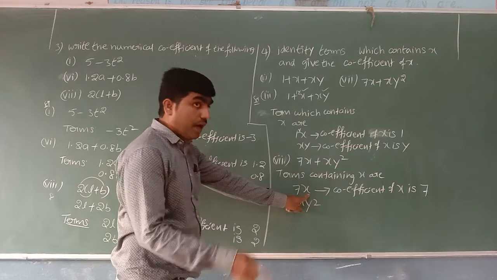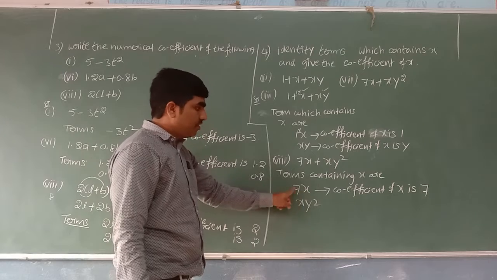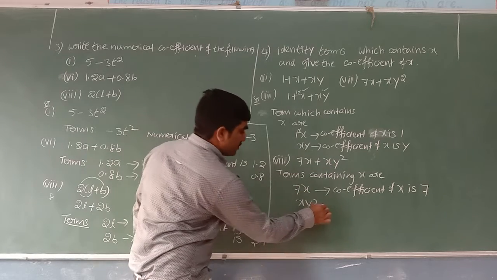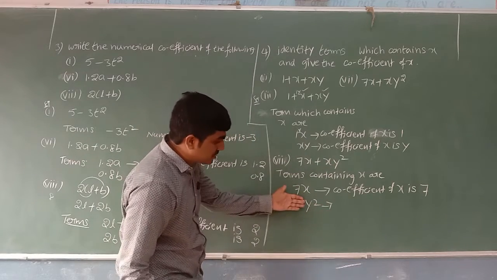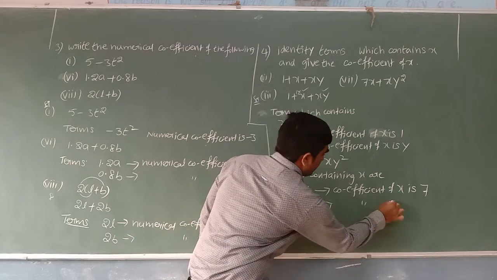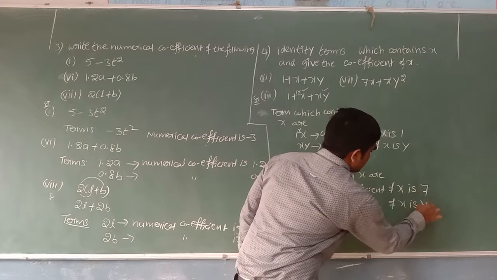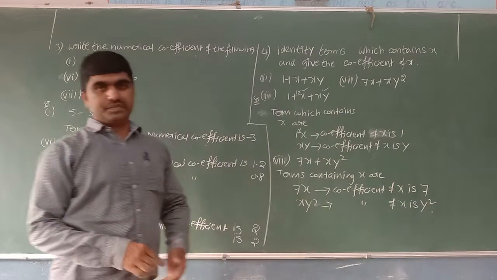Coefficient of x means other factors of the term, other than x, they are 7. So it is 7. Now with this, can you tell me what is the coefficient of x? Y square, other factors. So here we can write coefficient of x, which is y square.